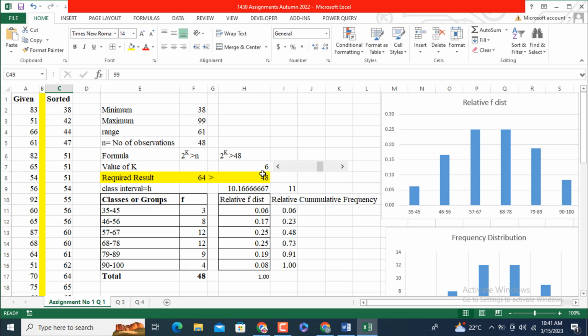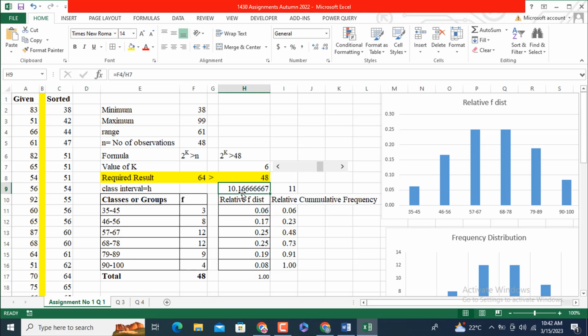Now we need to find the class interval on the basis of which we construct the 6 classes or groups. So how will we find this class interval? By dividing the range by the number of required classes, which is 6.